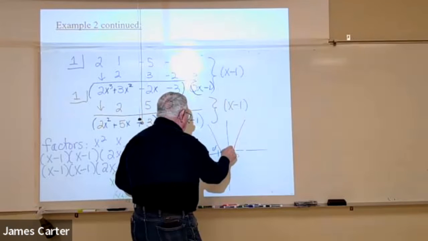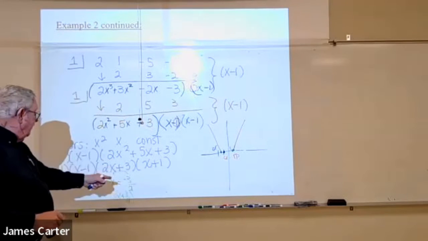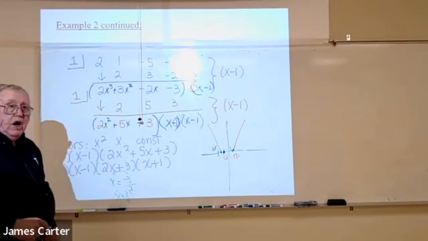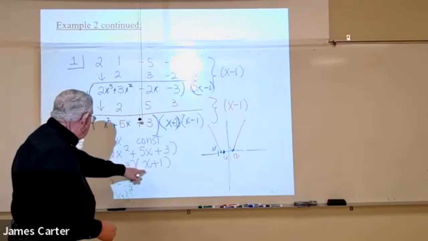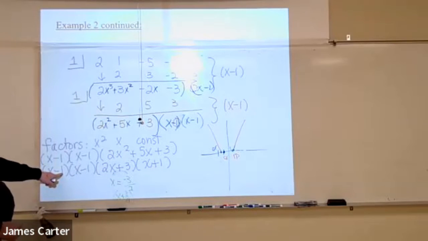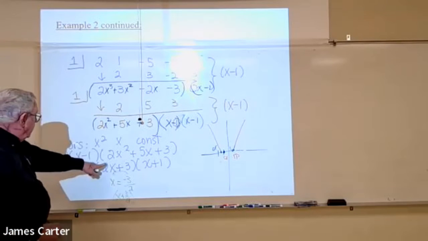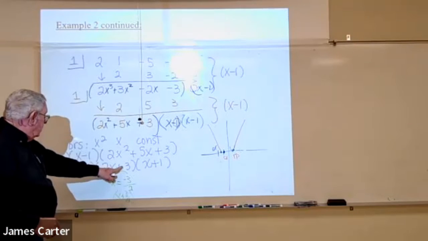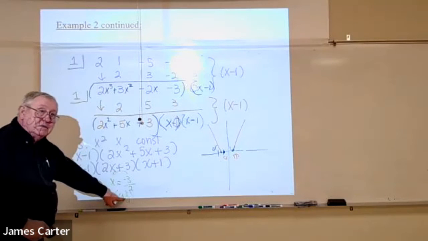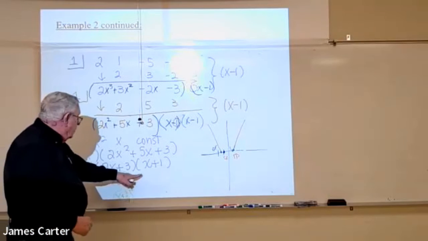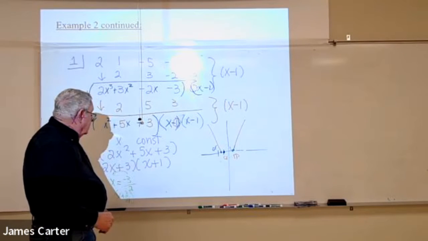Then here, if I found my y-intercept, if all these x's were zeros, I would have minus 1 times minus 1 is plus 1, times 3/2 is 3/2, times 1 is still 1.